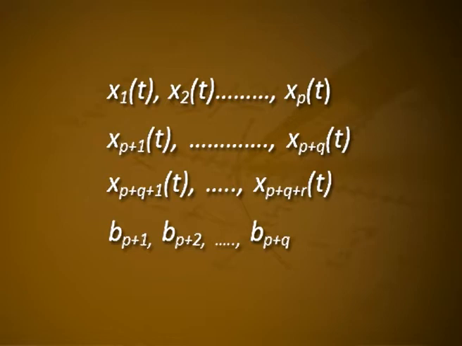Let b p plus 1, b p plus 2, etc., b p plus q be the birth rates in the q reproductive age groups. Let di be the death rates in the ith age group for i is equal to 1, 2, etc., p plus q plus r, and let mj be the rate of migration from the jth age group to the j plus 1th age group for j is equal to 1, 2, 3, etc., p plus q plus r minus 1.